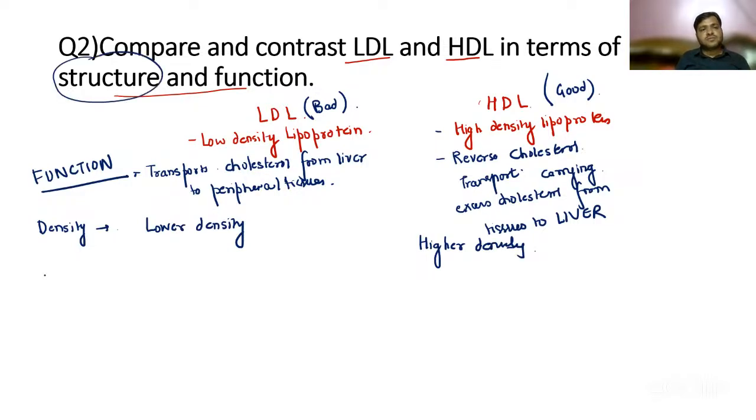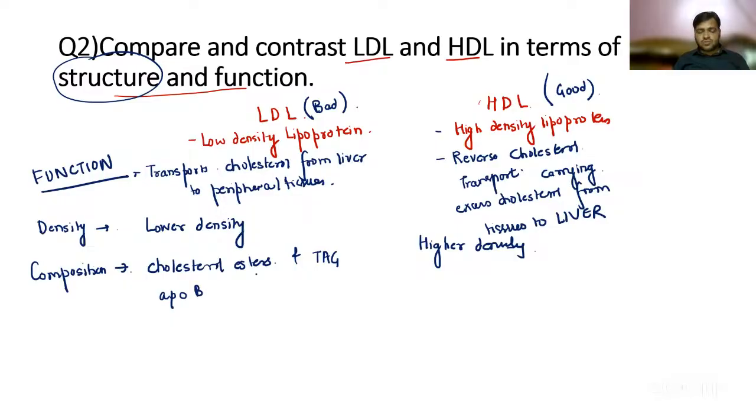Now, what is the composition? If we talk about the structural part and tabulate it, LDL is composed of cholesterol esters and triglycerides, along with apolipoprotein B100 on its surface.